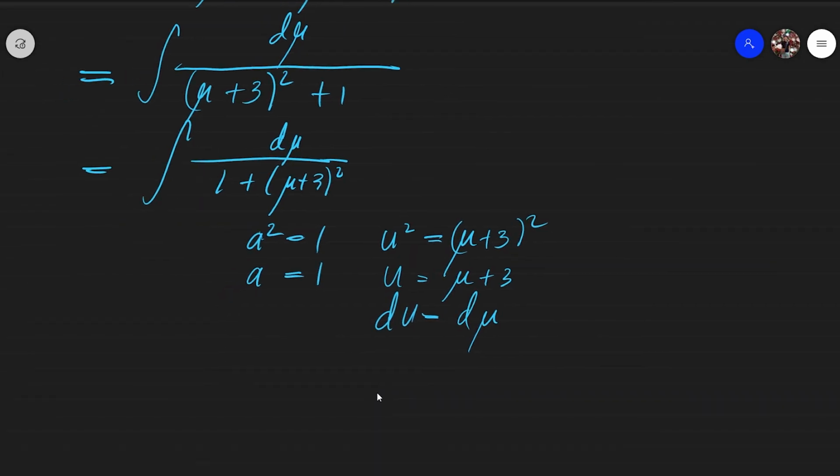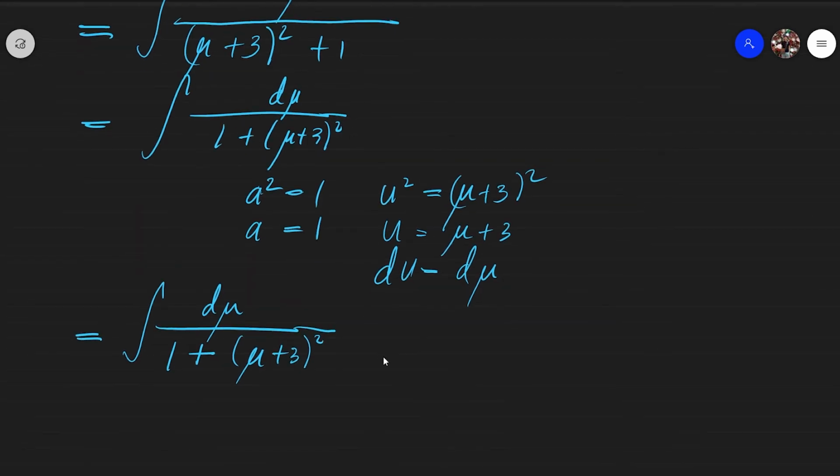So applying the left side of the formula for the inverse trigonometric function, it says there the integral of du, and your du is equal to d mu. So we have here d mu all over a squared, your a squared is 1, plus your u squared, this is mu plus 3 squared.